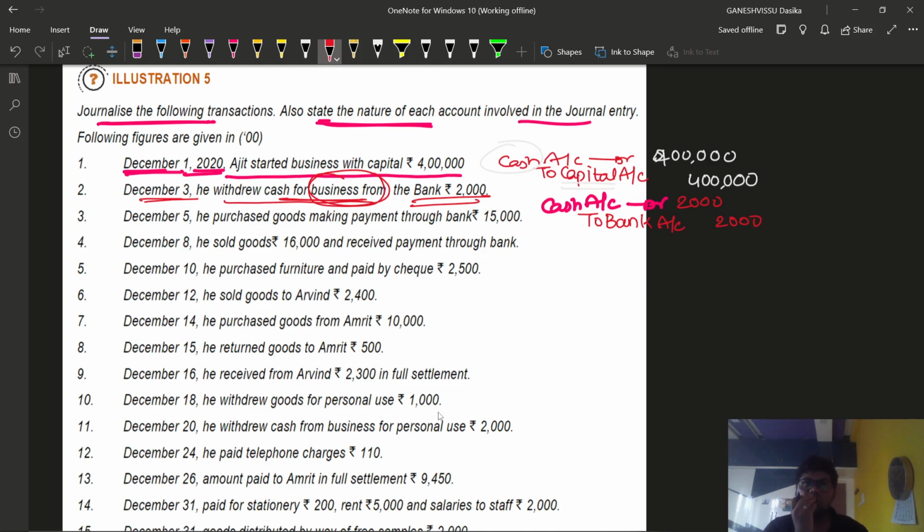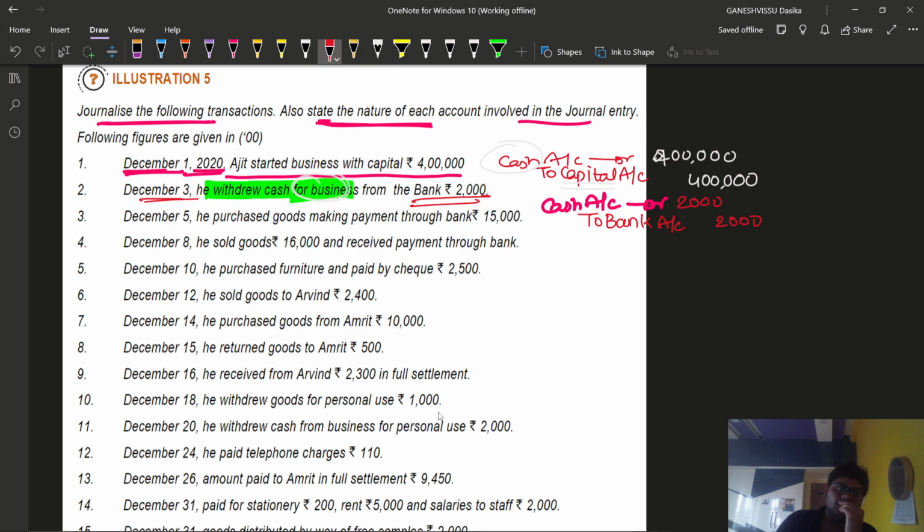I'll explain this one. Whenever we see withdrawals, everybody will think that it is drawings account debit. No. Whenever the withdrawal is used for office purposes, as we can see here, the transaction says he withdrew cash for business. He is using this cash for business use.